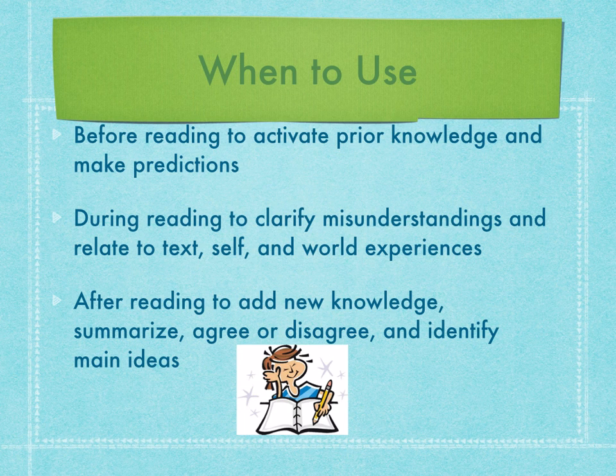And they're also going to make those relationships where you relate yourself to the text that you're reading, relate yourself to the world experiences. And then after you read, they're going to add the new knowledge to the chart. You'll summarize, agree or disagree, and then identify main ideas.